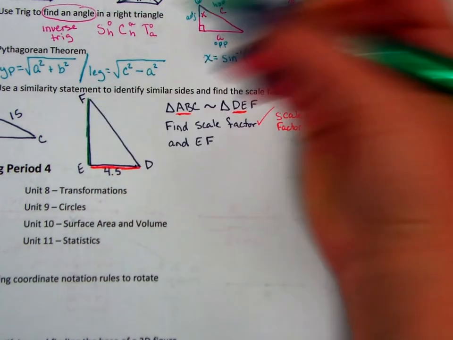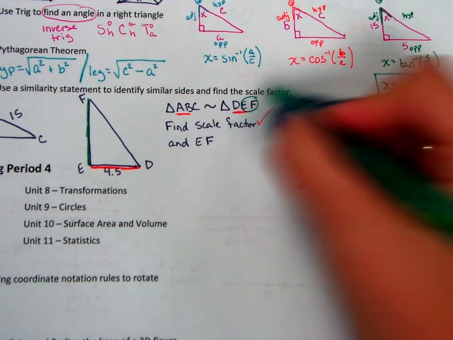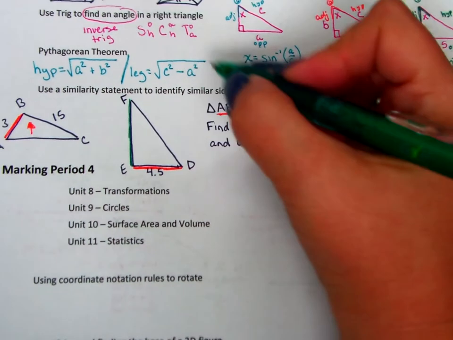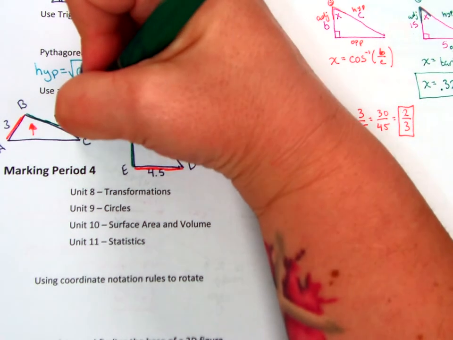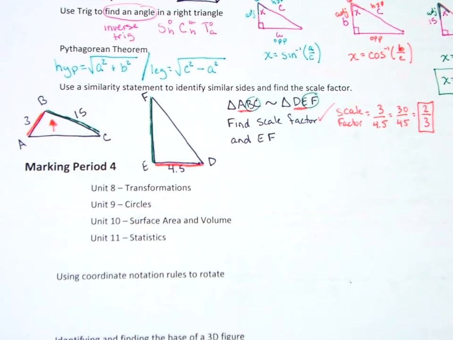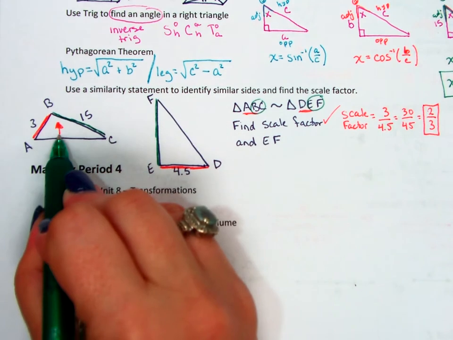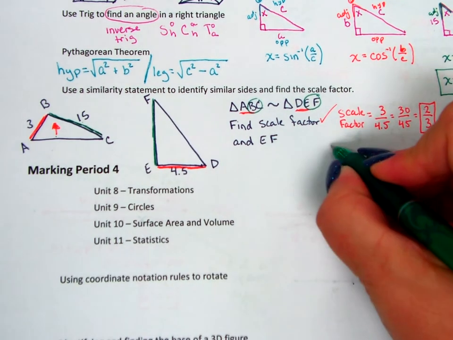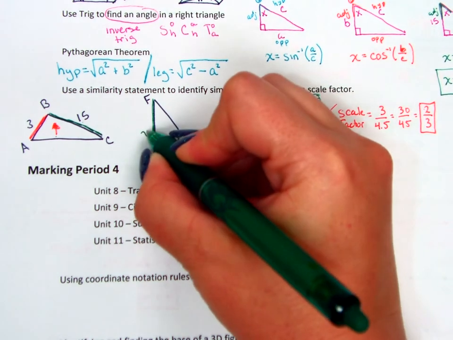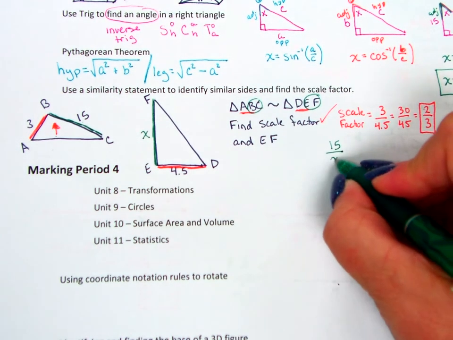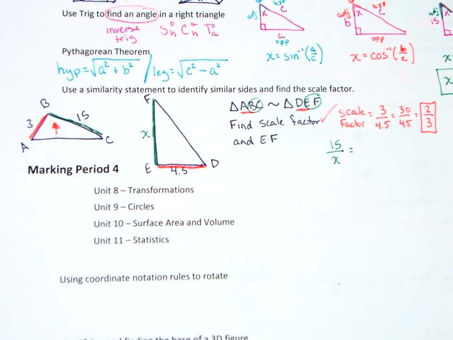But we're also supposed to find the distance from E to F. So E to F matches with what? B to C. B to C is the 15. Okay, so remember this was my up arrow, so that 15 is going to go in the top. Over, that means this is my down arrow. I'm trying to find the distance from E to F, so I'm going to call it X. I know this fraction is going to reduce to what?